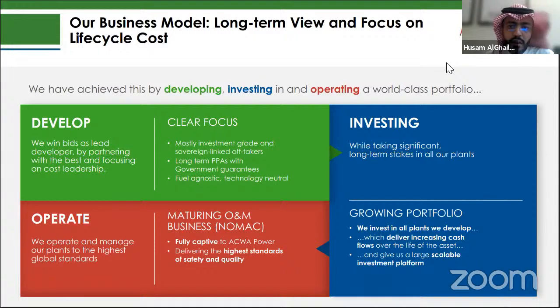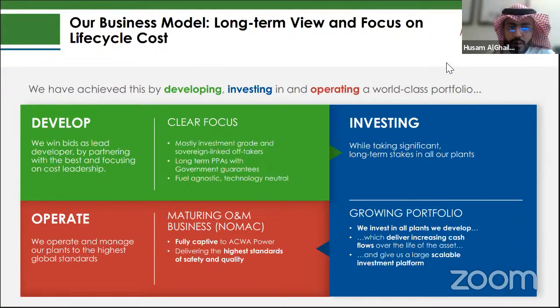Being a developer, owner and operator, this business model drives us to always take a long-term view. We are not in a new project because we want to be there for a few years and then leave. In fact, we are there to stay until the last minute. That may change from one project to another depending on the situation, but generally speaking, we are long-term investors, long-term developers, and we are operators.